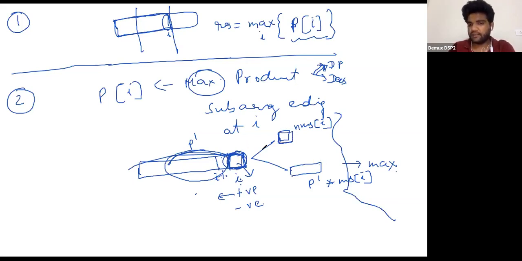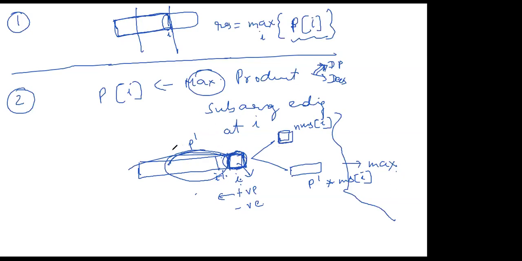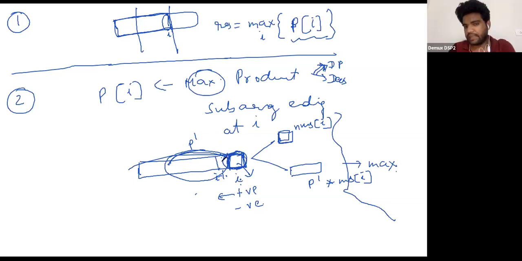If it is of length 1, then I'm just using nums I. If it is of length more than 1, then whatever maximum subarray sum I get ending at I minus 1, I can just add nums I to that. Similarly, the same thing we are saying here. Instead of plus, we are saying multiply, but this is only true if nums I is a positive number.